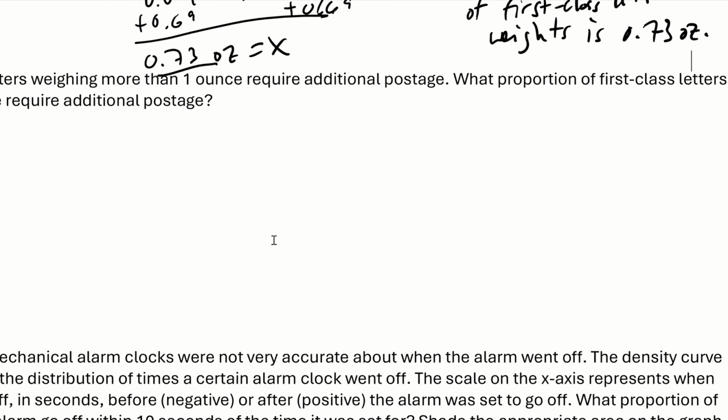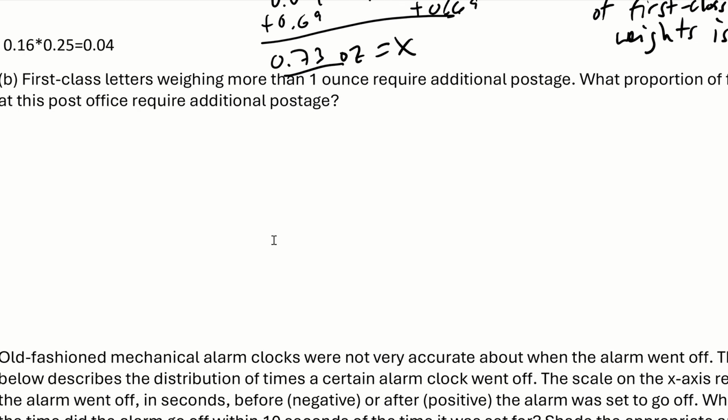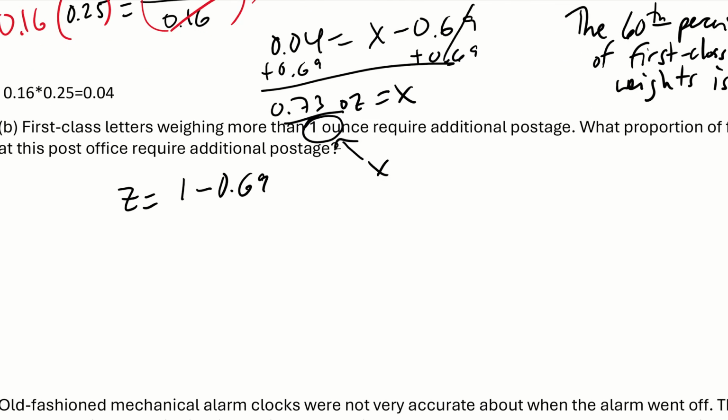Okay, so what proportion weigh more than 1 ounce? Again, if it weighs more than 1 ounce, let's convert that to a z-score. So z equals, now this is my x value, x is 1 ounce, right? So we got 1 minus the mean of 0.69 divided by the standard deviation of 0.16.